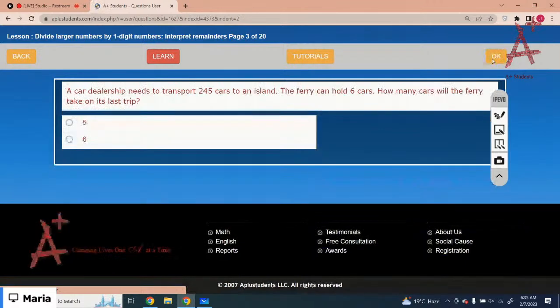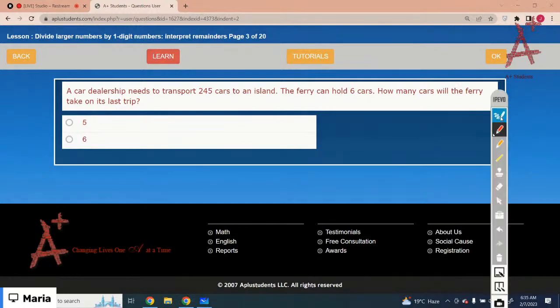Okay, the next one is a car dealership needs to transport 245 cars to an island. The ferry can hold 6 cars. How many cars will the ferry take on its last trip? So just divide 245 by 6 and let's see what the remainder is. 6 times 4 is 24. You have 0 and you are left with 5.